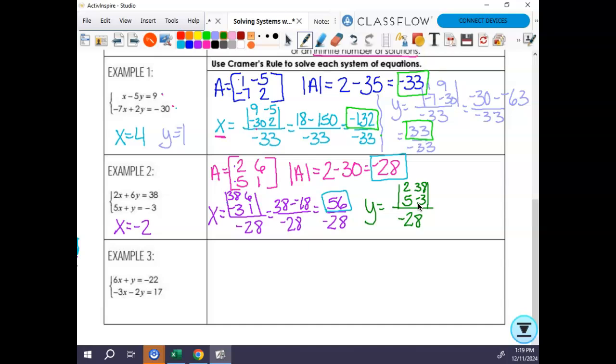Do you agree with what I have written so far? Just got to make sure we get the numbers in the right place. Okay. Then you go ahead and see if you can finish this one up. I'll make you multiply and everything.